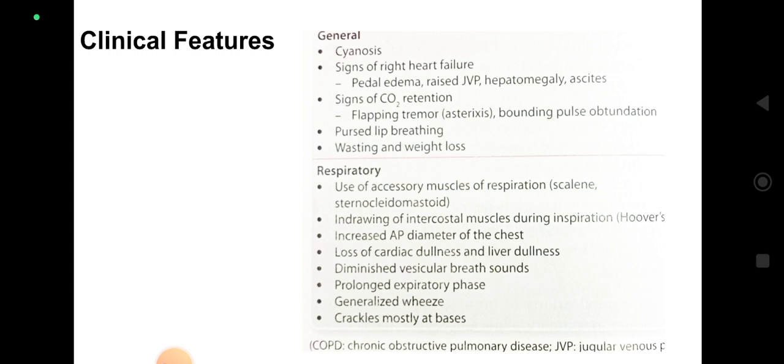Respiratory features are use of accessory muscles of respiration, indrawing of intercostal muscles during inspiration, increased diameter of the chest, loss of cardiac dullness and liver dullness, diminished vesicular breath sound, prolonged expiratory phase, generalized wheeze, and crackles mostly at the bases.